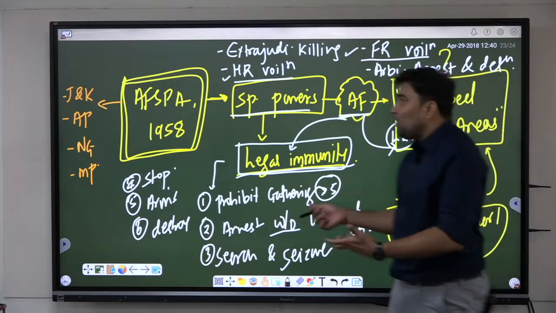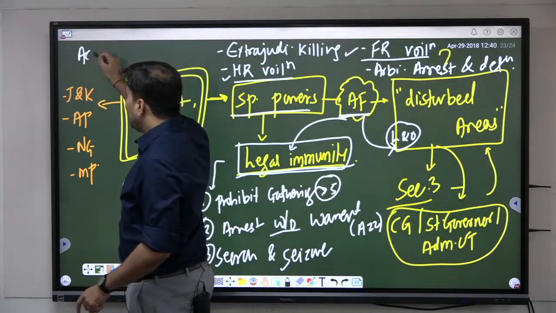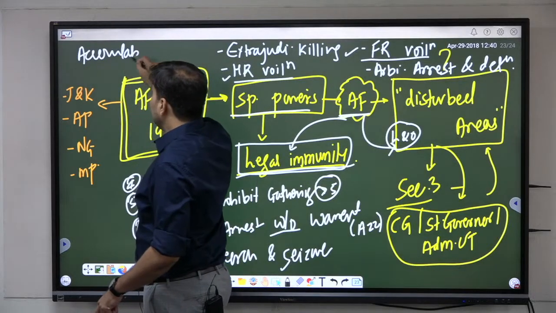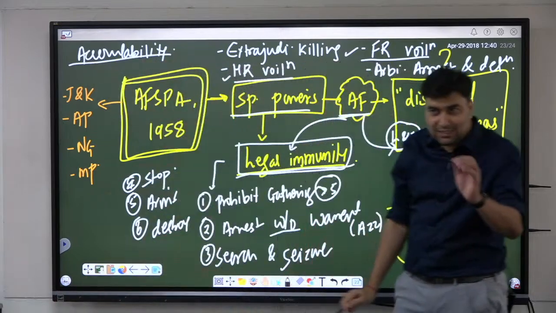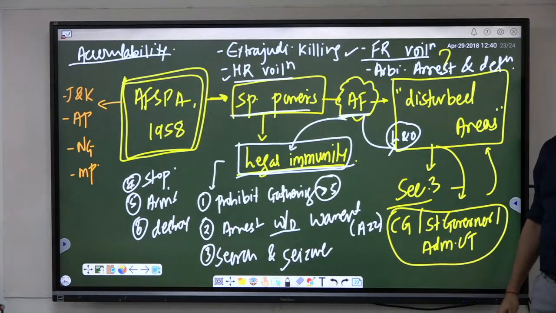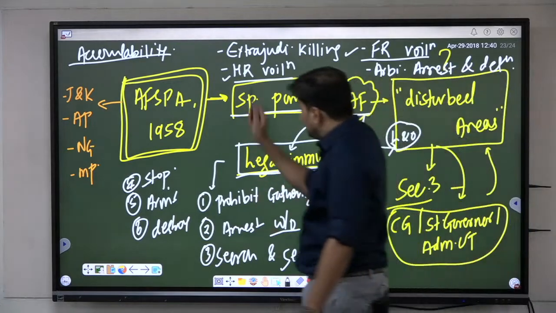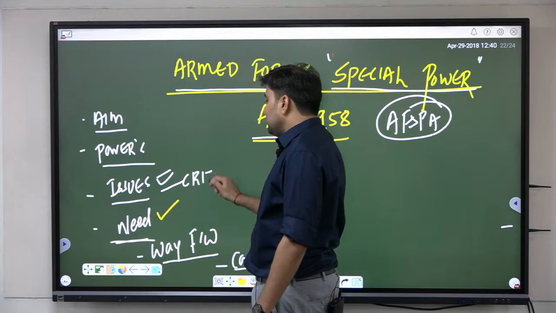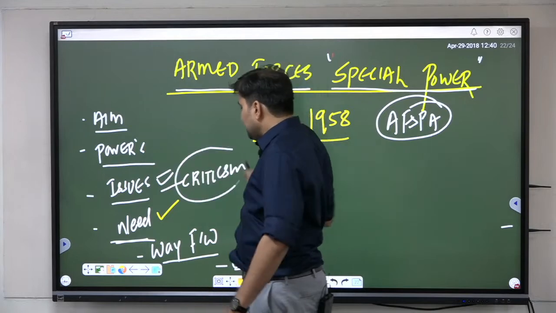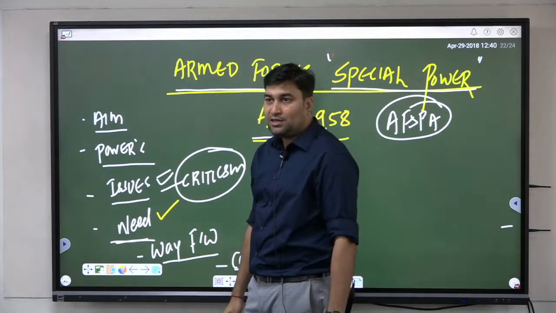And there is no accountability. That is the problem. Accountability of the security forces is not present. That is essentially a problem. So in this context, these are the main 4 issues and criticisms of the act. Got it?